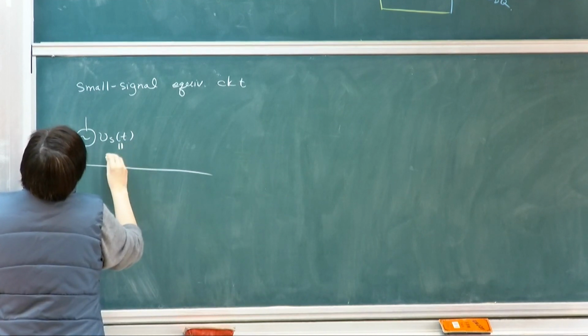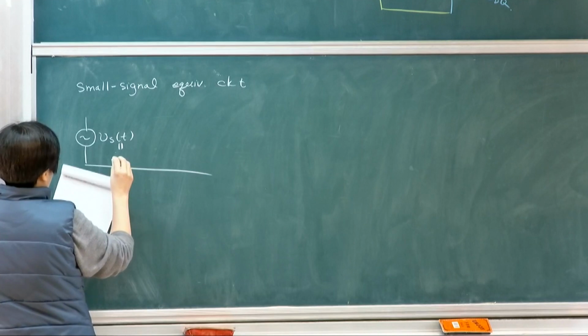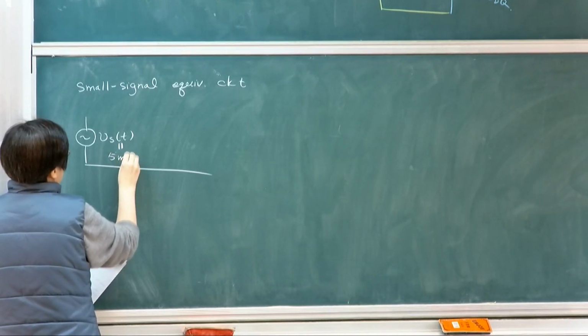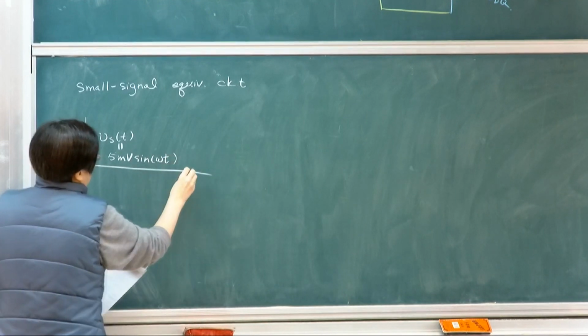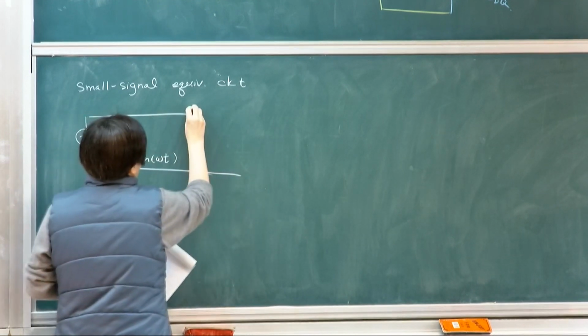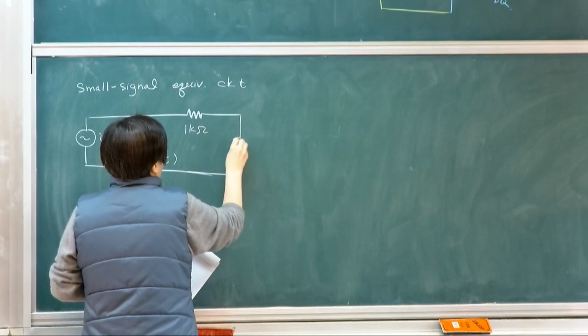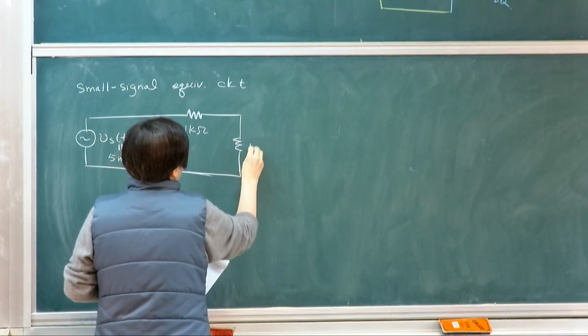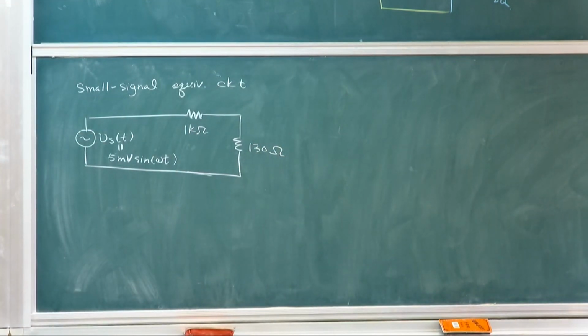Oh, I didn't give the level. Sorry. This is 5 millivolt sine omega t. Okay, my equivalent circuit will be this. R1, which is 1 k ohm, and RD, which is 130 ohm. So your equivalent circuit will look something like this.